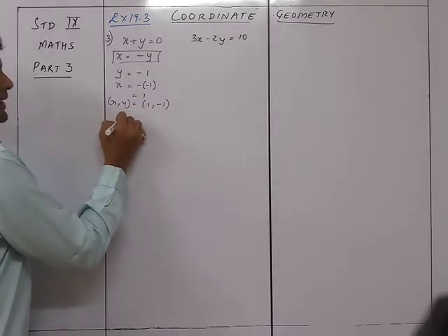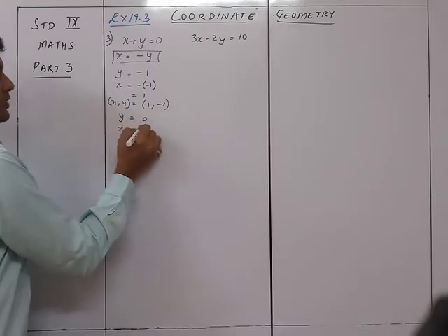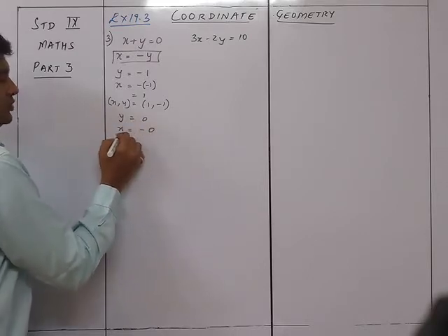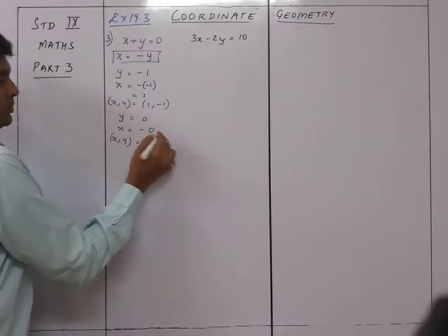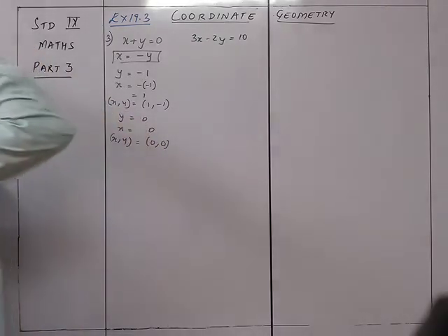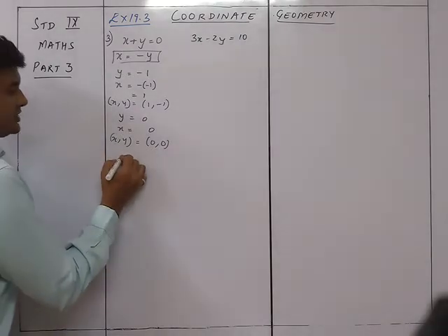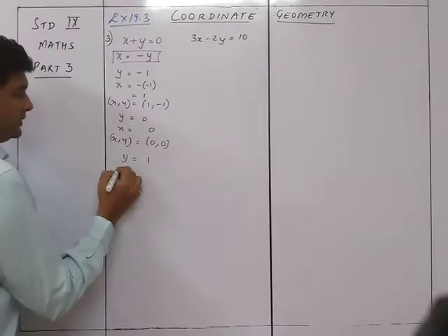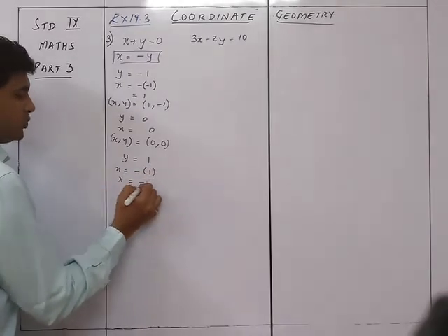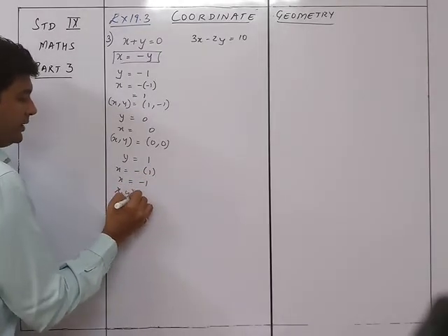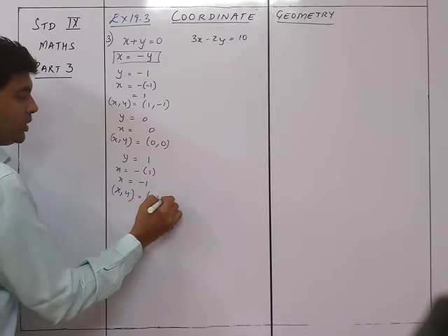Secondly, if y equals 0, then x equals minus 0. So x comma y will be 0 comma 0, because minus 0 doesn't exist, so it will be 0 only. The next is y equals 1, then x equals minus 1. So x comma y will be minus 1 comma 1.